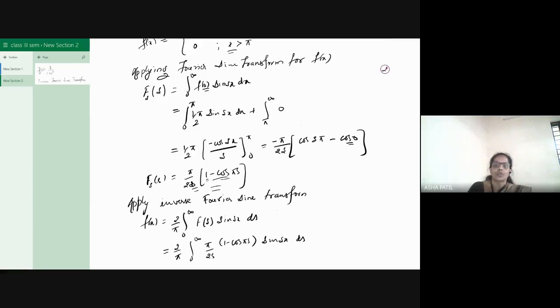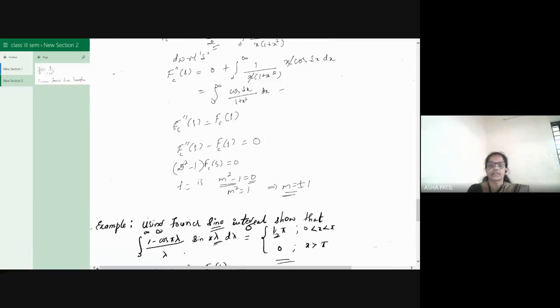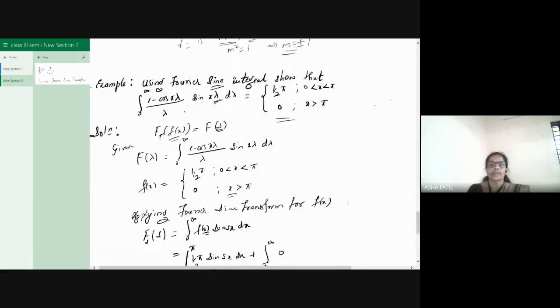Okay. Now 2 cancels from numerator and denominator. Even pi also cancels, right? Pi cancels. So what remains? We can see what to show.